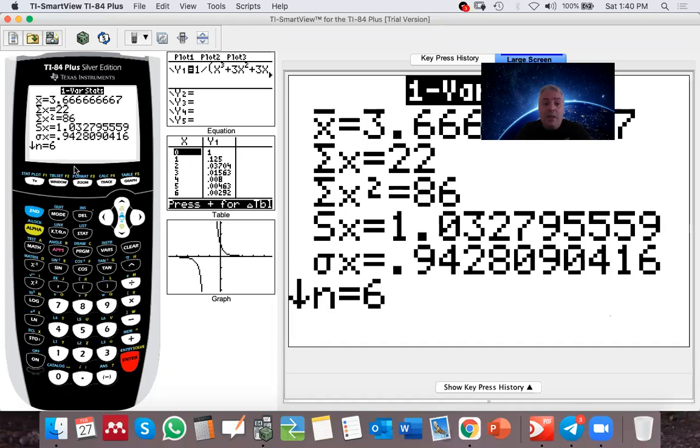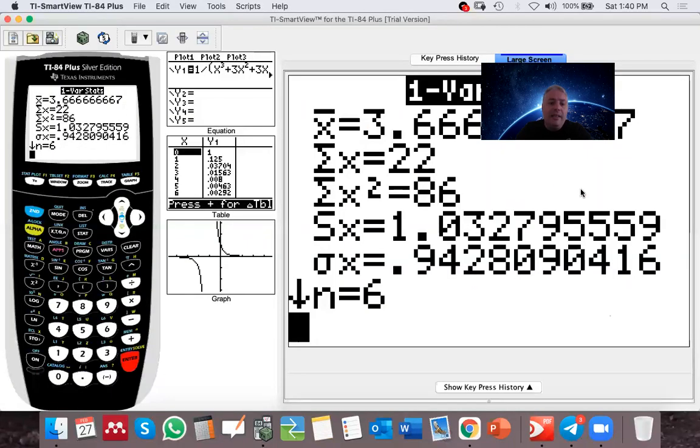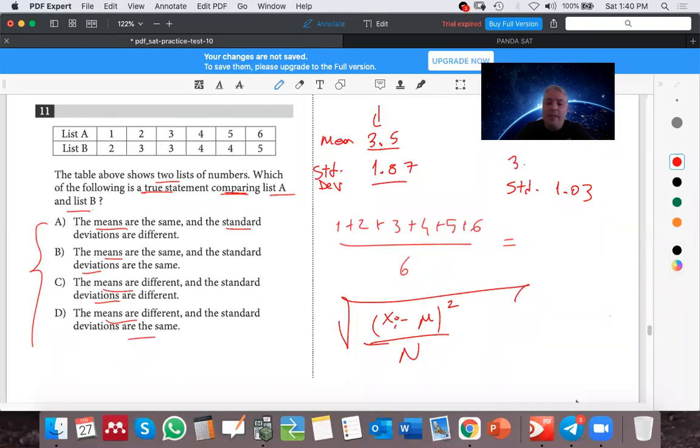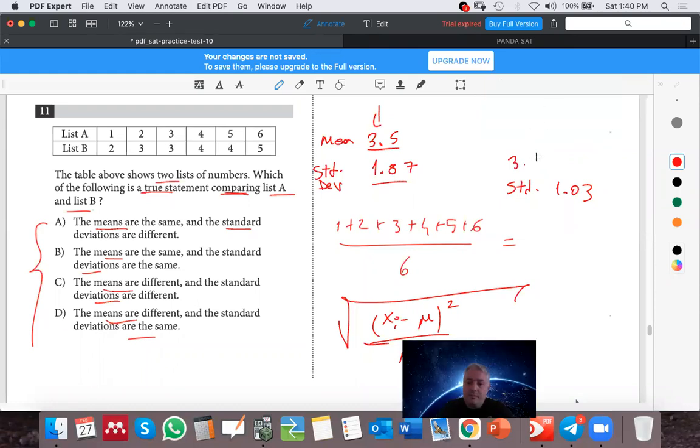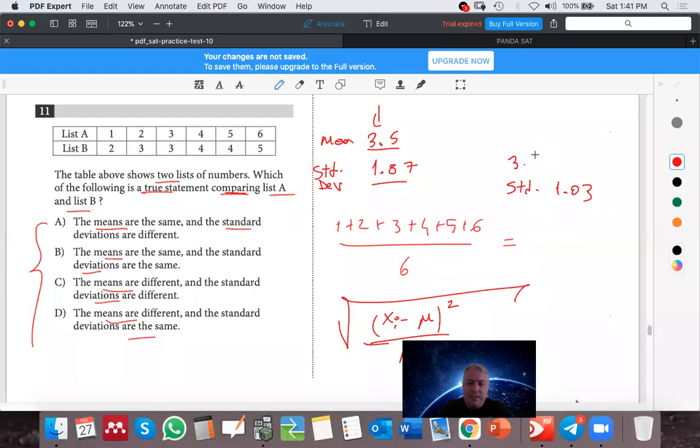Now, what you see here, the X bar and the standard deviation. Standard deviation is 1.03. And now X bar is 3.6.